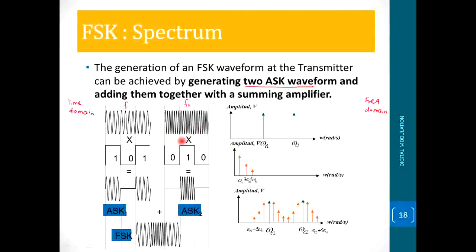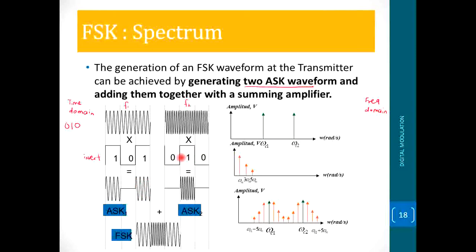Okay, for this example, we have the information signal of 0 0 1 0, and then at the low frequency it will invert the coding, so we have 1 0 1 to result in the frequency like this, that we have low frequency, no frequency, and then another low frequency.